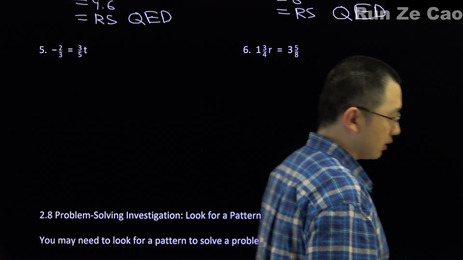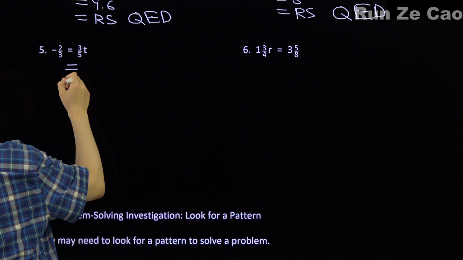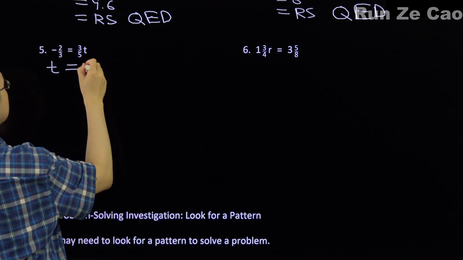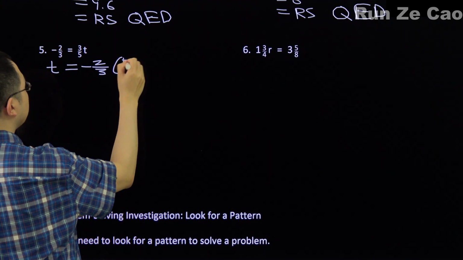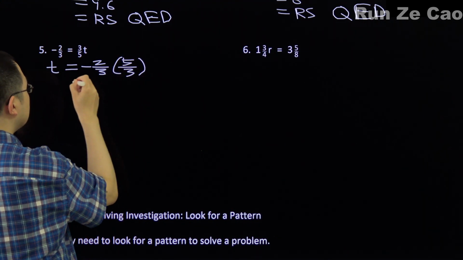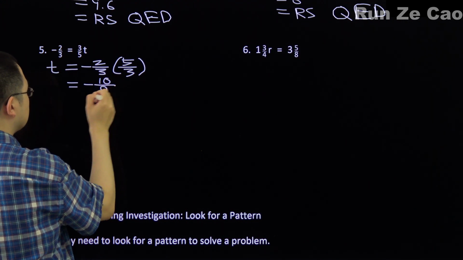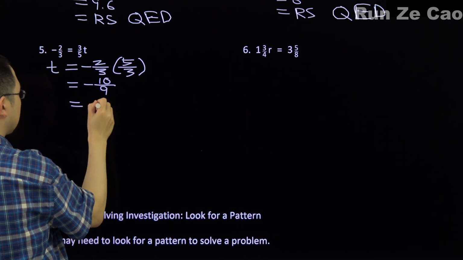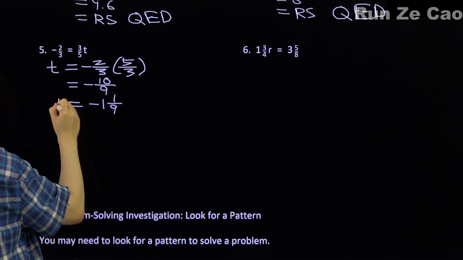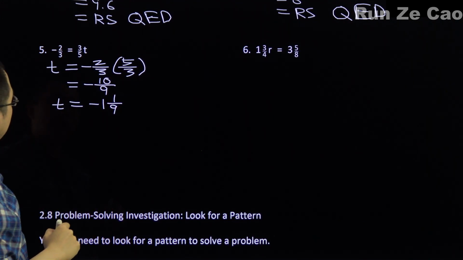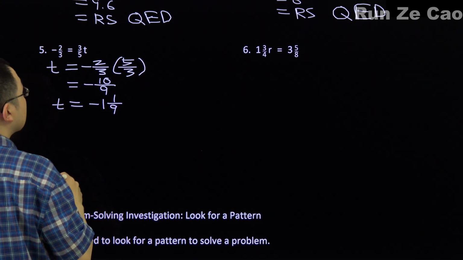Okay, what about negative 2/3 is equal to 3 over 5t? Well, t is equal to negative 2/3 times 5 over 3. So negative 10 over 9, which is equal to negative 1 and 1/9. Okay then, let's say we test this.